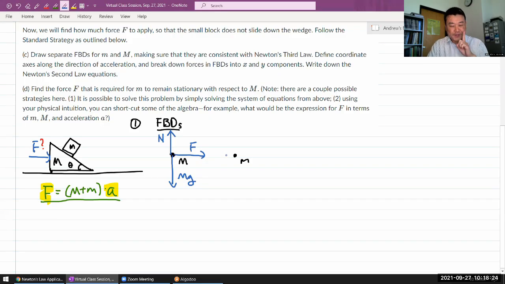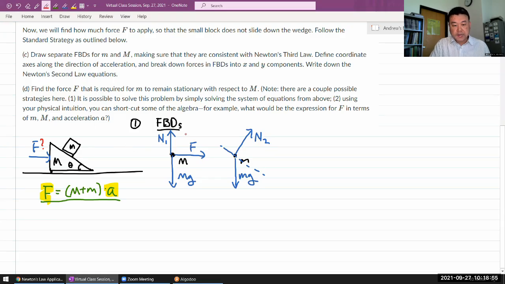Let me move on to the next free body diagram of the small mass M. There's still gravity acting on it vertically. Now the surface of contact here is angled, so I have to have that angle in mind and draw the normal force this way. Oh, wait, it's two different normal forces. Let me draw this N1, N2.